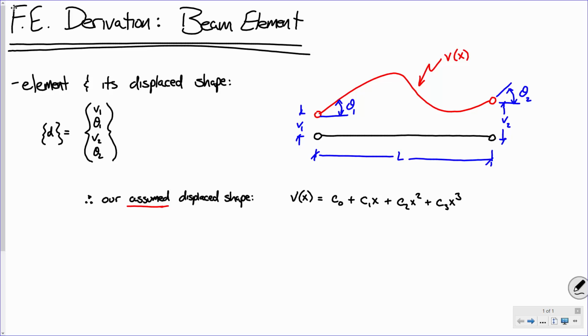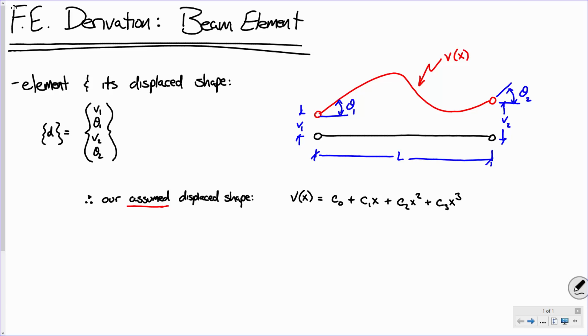Now, what I'm going to write next is going to be very unique for beam elements. Not only for beams, see, beams are unique because with beams, we don't just care about the displacement. If all we cared about was the displacement, this would still be a straight line. But with beams, not only do we care about the displacement, we care about the slope.